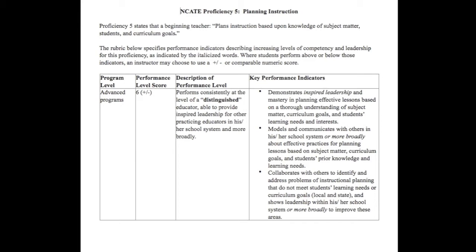That means that they not only continue their own learning, but they also may lead professional development for other educators and engage in efforts to improve teaching and learning in their school, regionally, or beyond. Not all educators will attain these high levels of expertise and leadership, but many will attain a level 5, and some may attain a level 6.